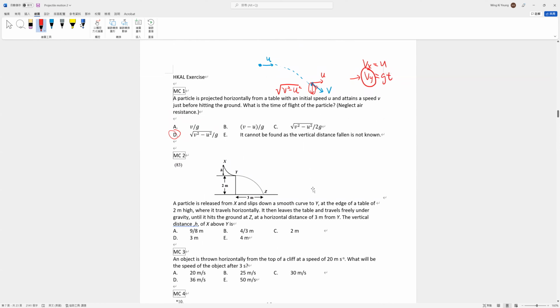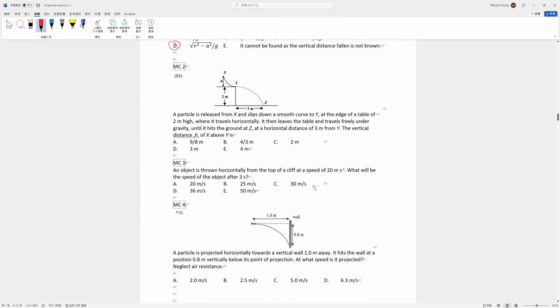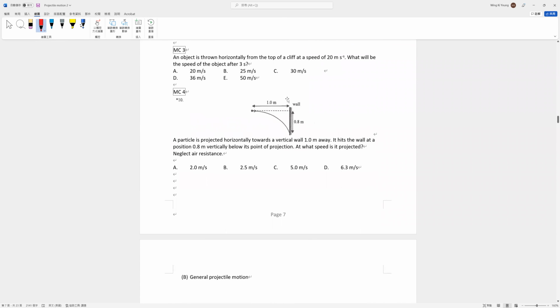Another one, let's take a look at MC number 3. The object is thrown horizontally from the top of a cliff at the speed of 20. Find the speed of the ball after 3 seconds. After 3 seconds, the horizontal velocity is unchanged, and it also has a vertical velocity.